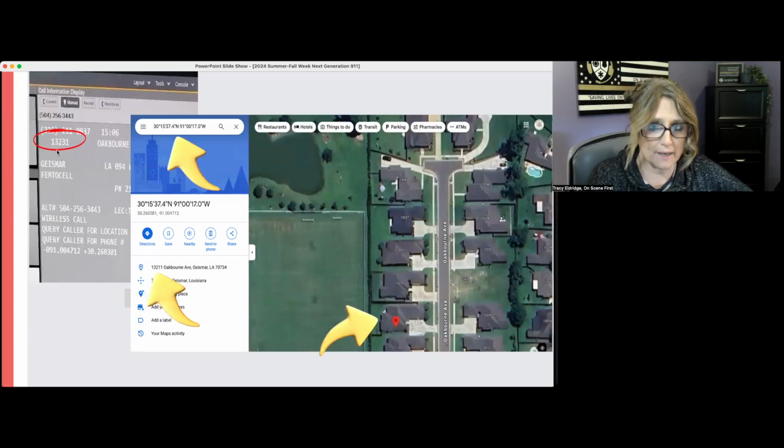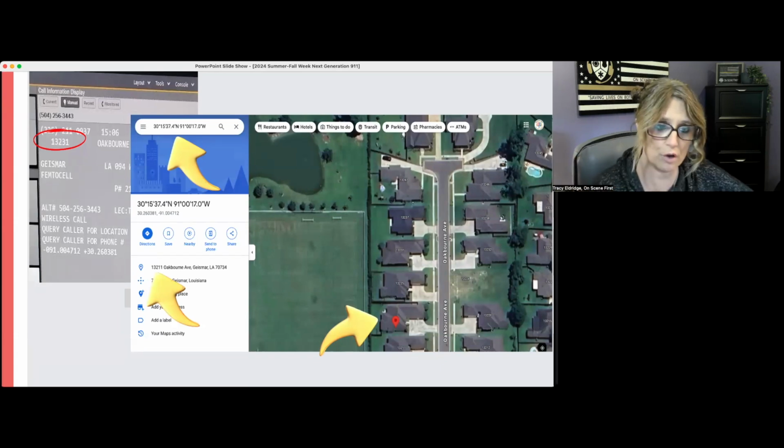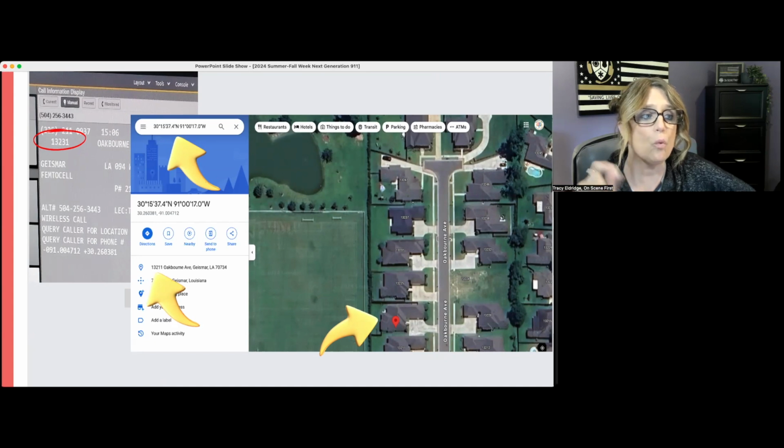So this ALI right here is giving what we learned last week, I think it was, in the GIS stuff, geocoded and reverse geocoded. This 13231 Oakbourne Ave, that address is a reverse geocoded address.